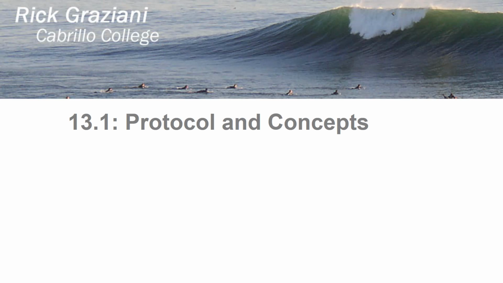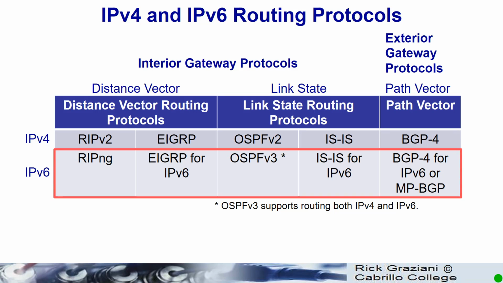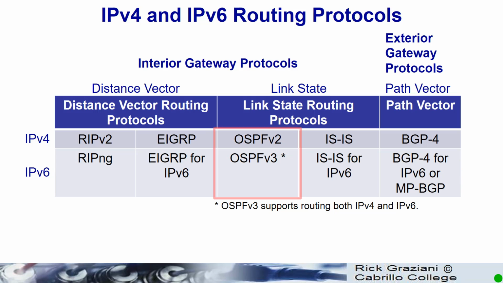Let's talk about protocols and concepts. Here we have again distance vector and link state protocols. We're looking for the separation of IPv4 and IPv6, similar to our last chapter when we talked about EIGRP, but in this chapter we're talking about OSPF.